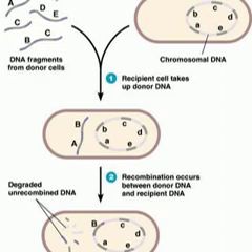Plasmids are small circular pieces of DNA that are separate and replicate independently from the bacterial chromosome. Plasmids contain only a few genes that are usually not needed for growth and reproduction of the cells.